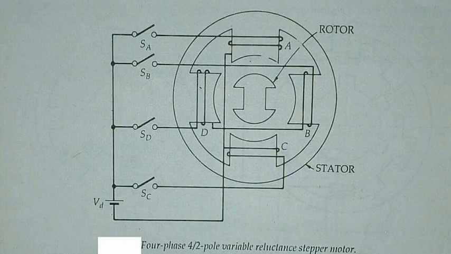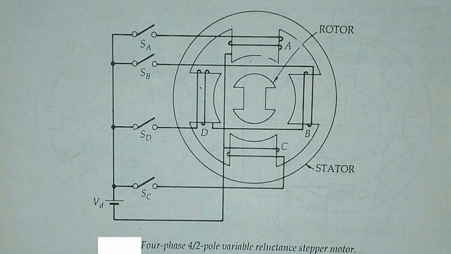The rotor moves through a further step of 90 degree in clockwise direction. In this position, the rotor aligns with the resultant air gap field which now lies along the axis of phase C. Thus, as phases are excited in the sequence A, B, C, D, A, the rotor moves through a step of 90 degree at each transition in clockwise direction. The rotor completes one revolution through 4 steps.